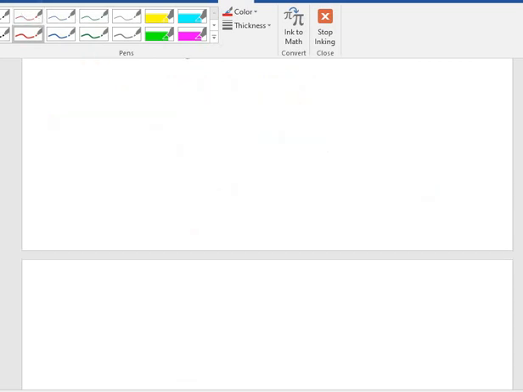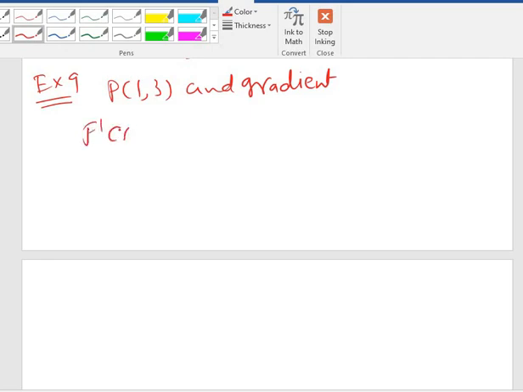Now question number 9, I am taking question number 9 as example number 9. The point P is given as (1, 3), and the gradient is given as f dash x equal to 6x square minus 4x.